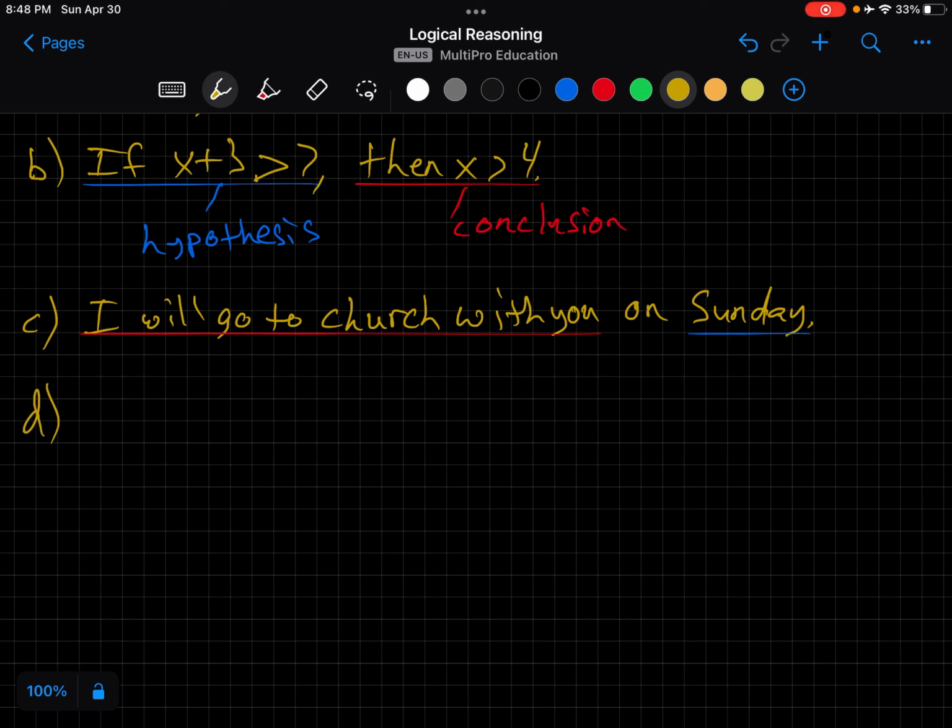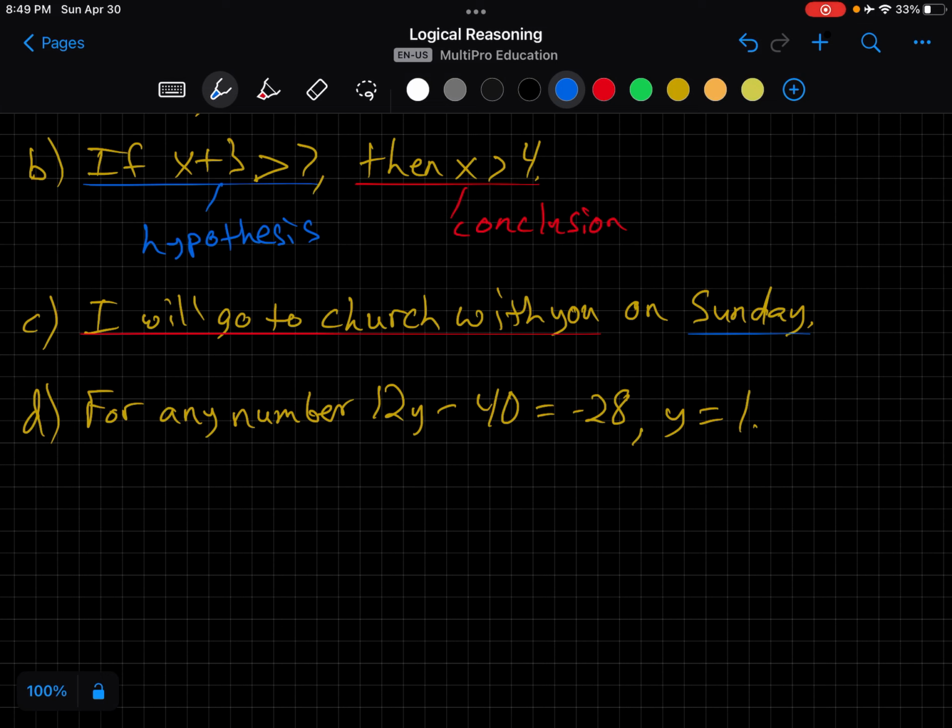Let's look at another one here. For any number, if 12y minus 40 is equal to minus 28, then y equals 1. Alright, so what would be the hypothesis here?